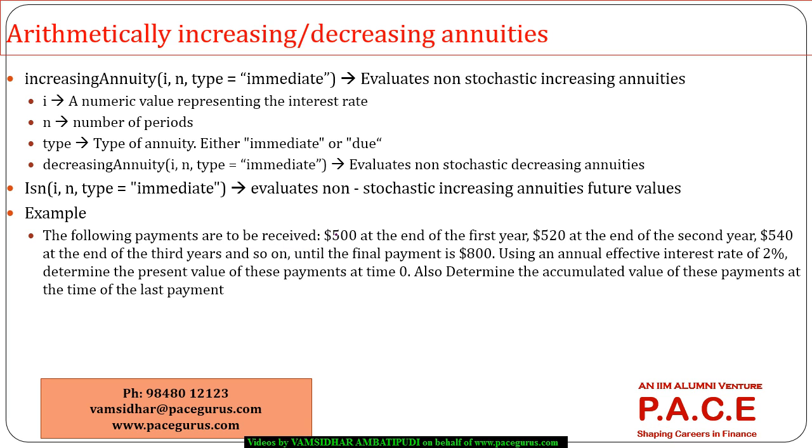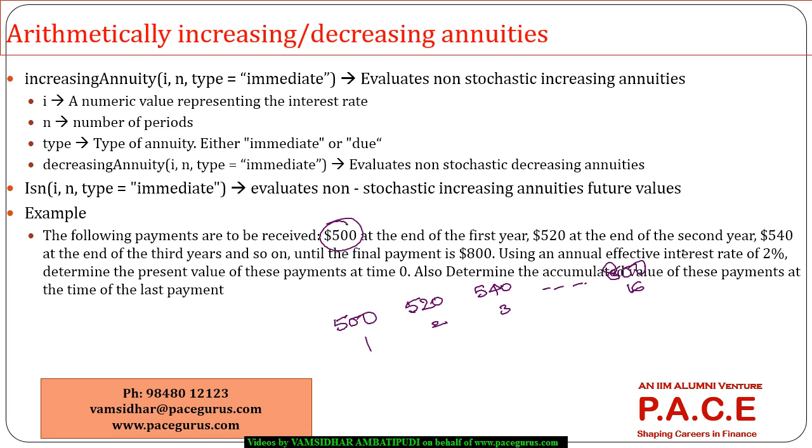The following payments are to be received: 500 at the end of the first year, 520 at the end of the second year, 540 at the end of the third, and so on until the final payment is 800. So probably 800 would be at the end of the 16th year. These are the payments that I am to receive.